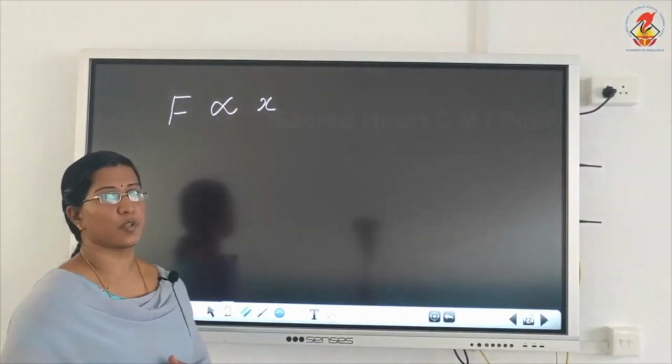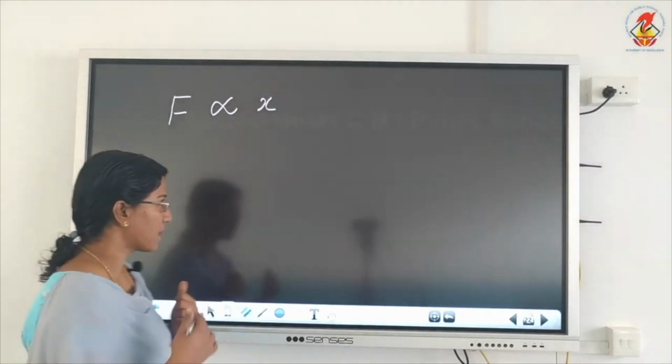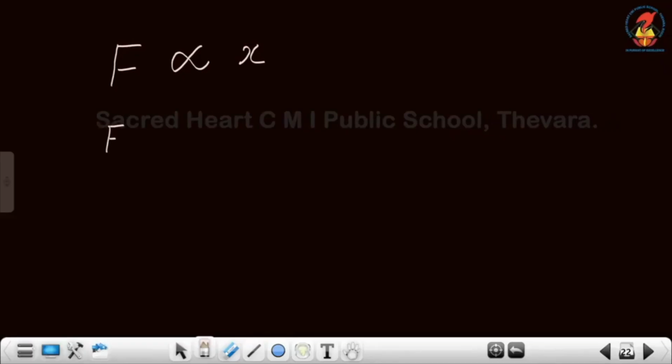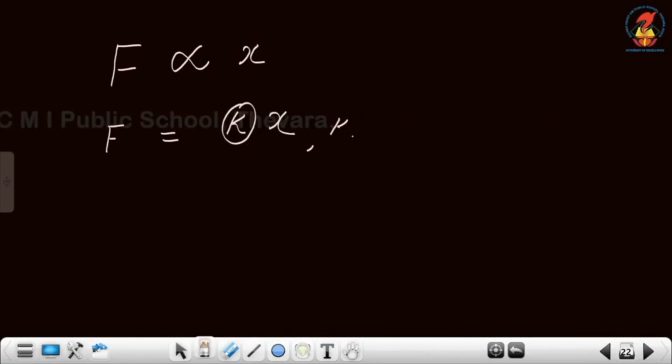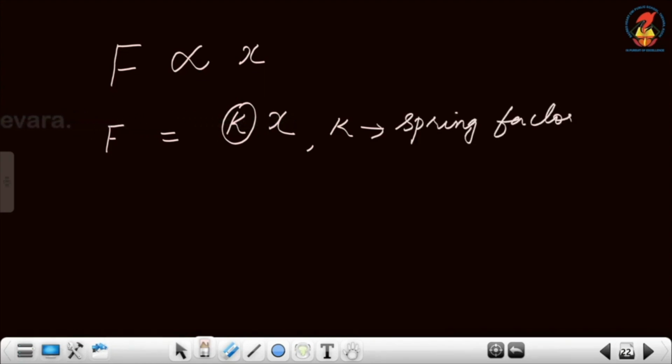Now what is the next step to change the proportionality sign? We introduce a constant. So we can write F is equal to Kx, where K is known as the spring factor, or in general we can say force constant.